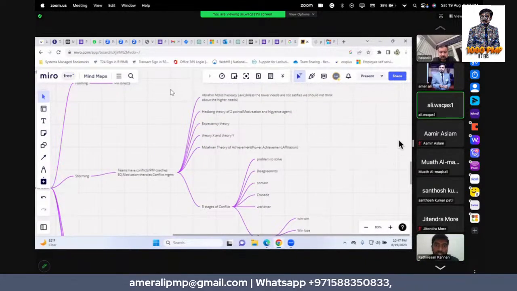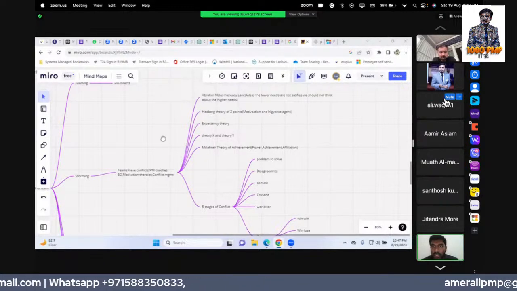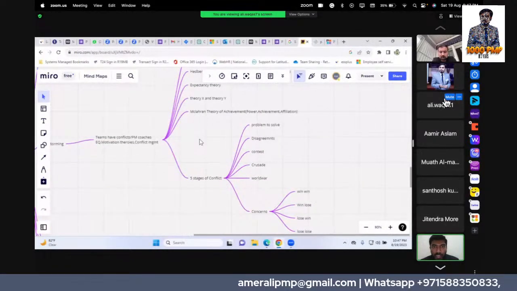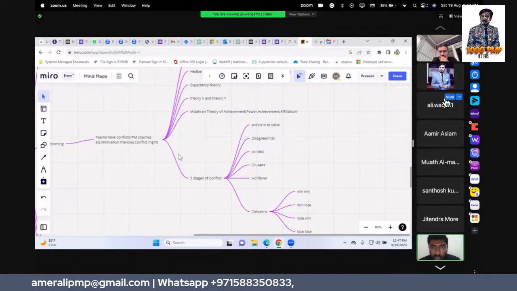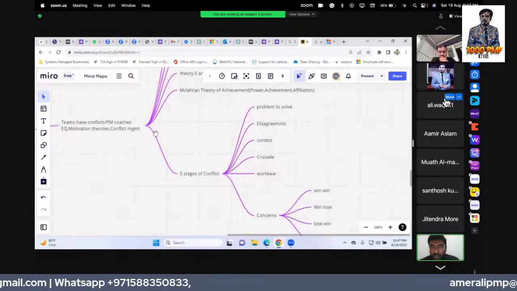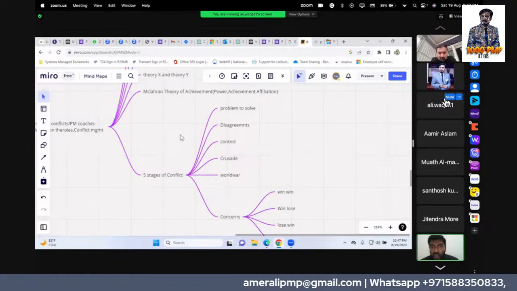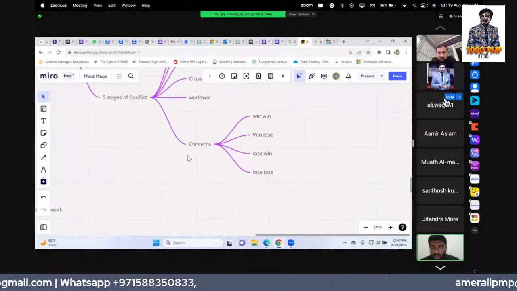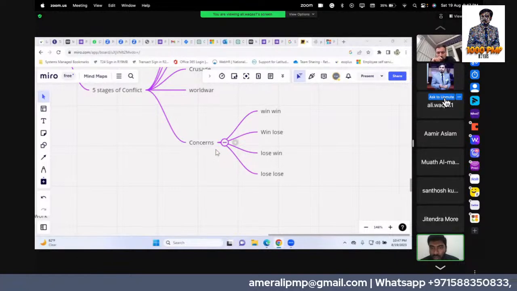Here we put subdivisions: Maslow's hierarchy, unless the lower needs are satisfied, then Herzberg, expectancy theory, theory X and theory Y, then McClelland's theory of achievement, power, and affiliation. Then 5 stages of conflict: problem to solve, disagreement, contest, crusade, and world war. Then the matrix for win-win, win-lose, lose-win, and lose-lose.